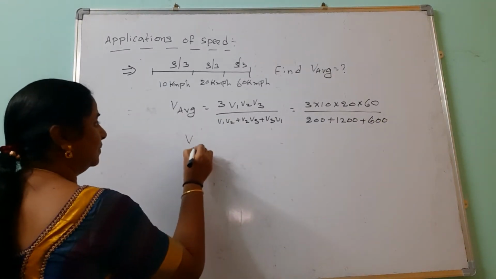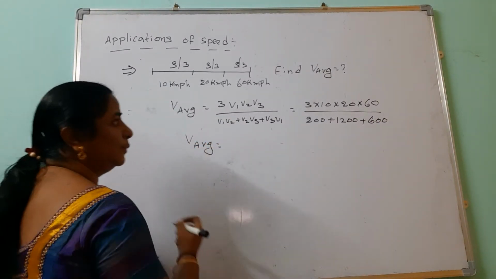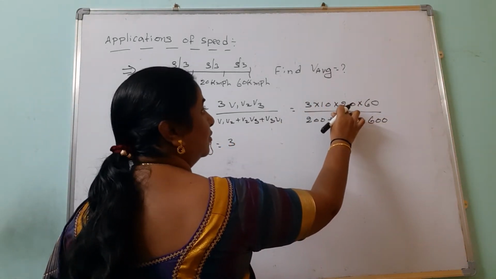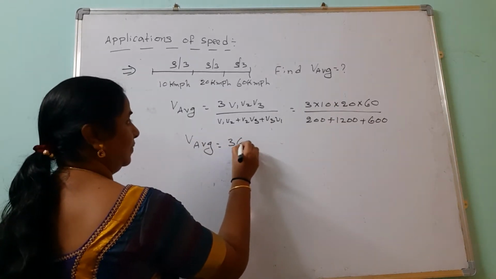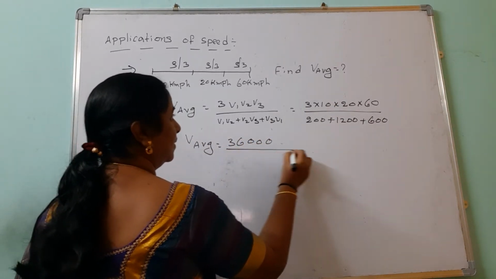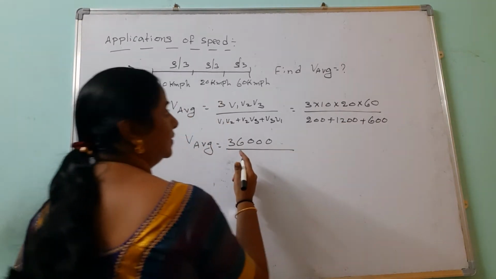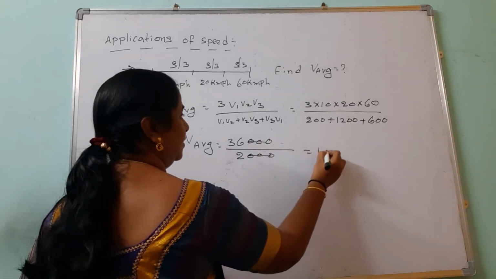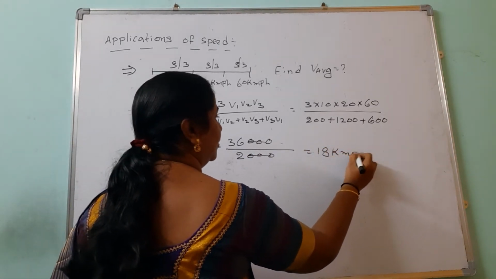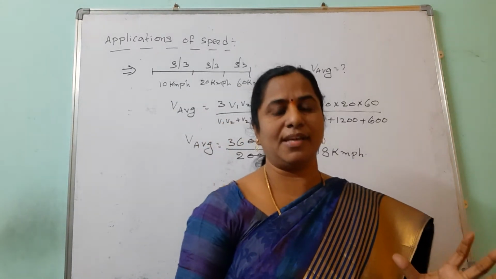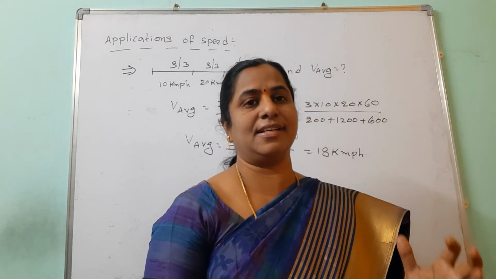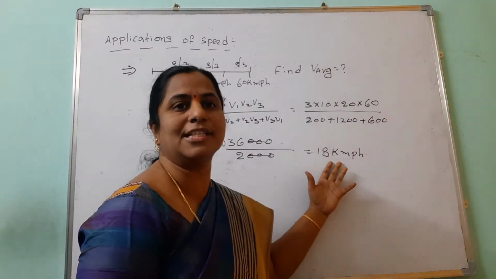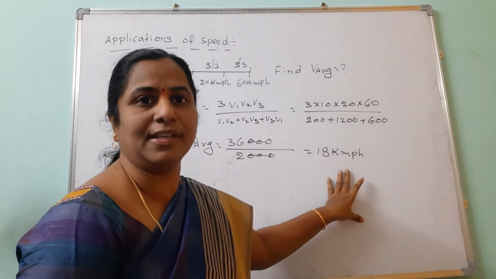After simplification, average speed equals 3 into 6 into 2, 12, 12 into 3, 36, 36,000 by 2000. So after simplification you are getting 18 km/h. Whenever the problem says the body covers 1/3 of the distance, the second third of the distance, and the last third of the distance, we can use this formula and find the average speed.